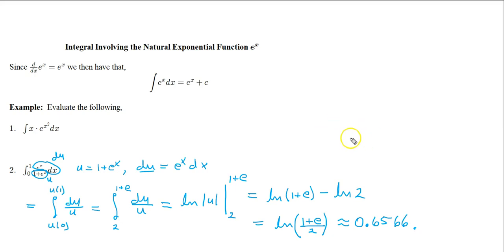And that concludes our discussion about integrals involving the natural exponential function.